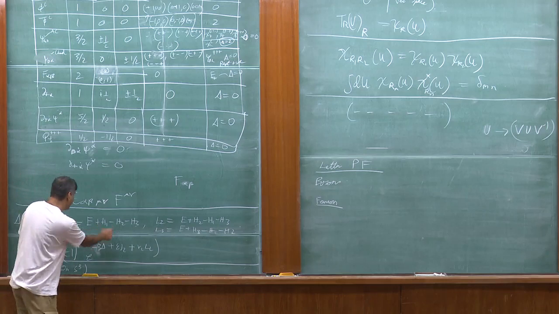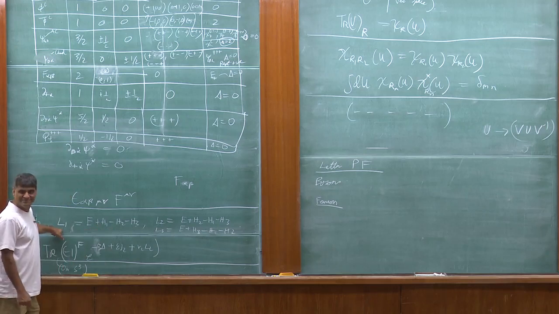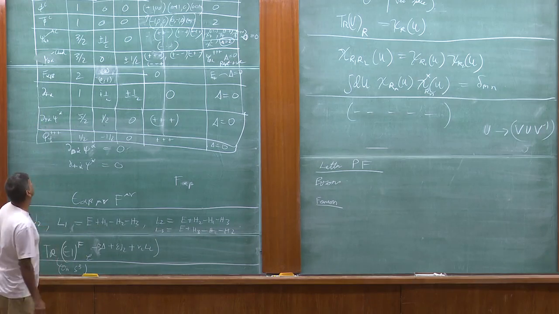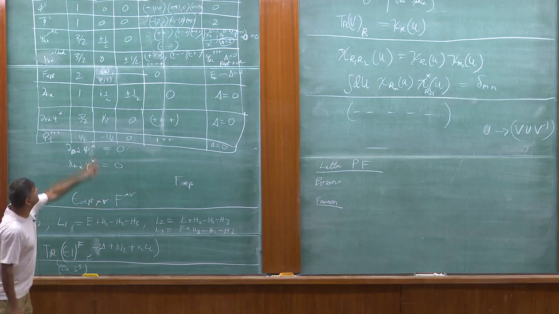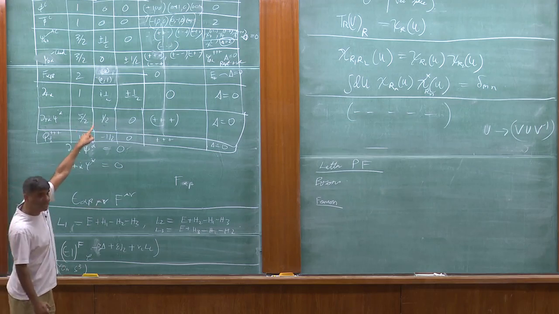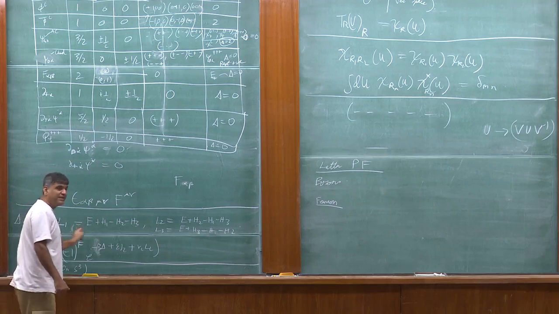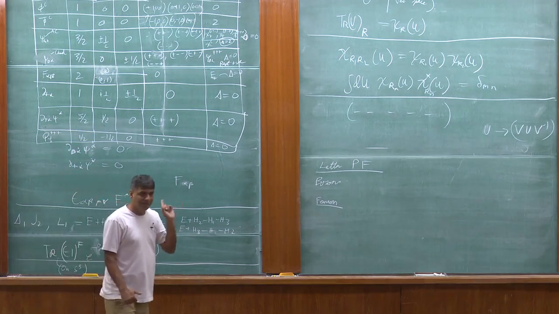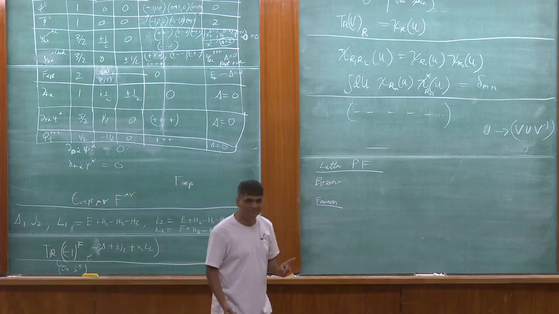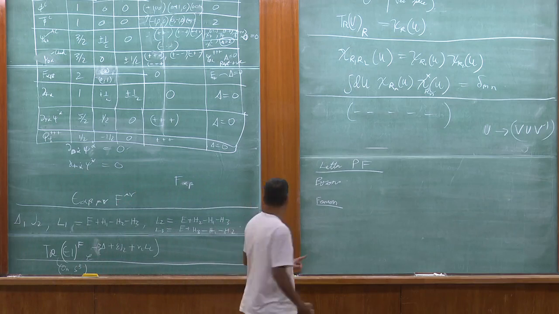What charge does phi 2 carry under this guy? No, phi I. Those are the three charges, 1, 0, 0, 0, 1. So phi 2 and phi 3 carry charge 0 under L1, whereas phi 1 carries charge 2.